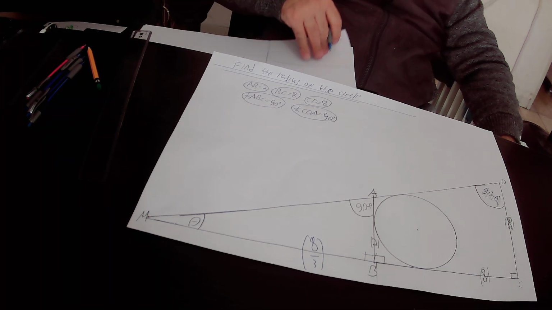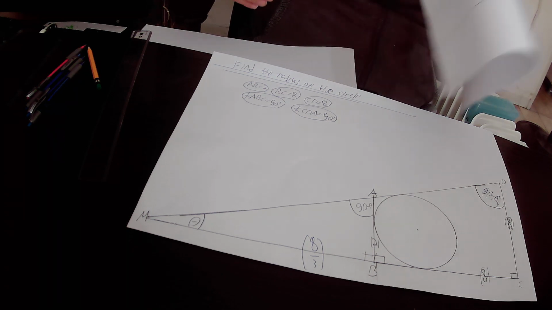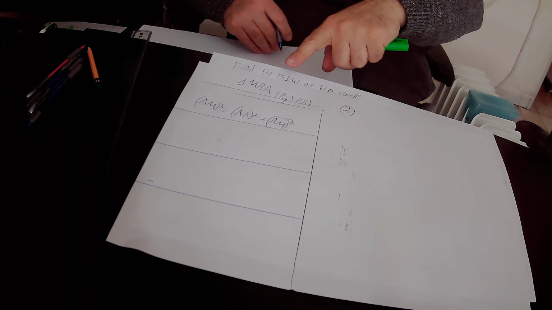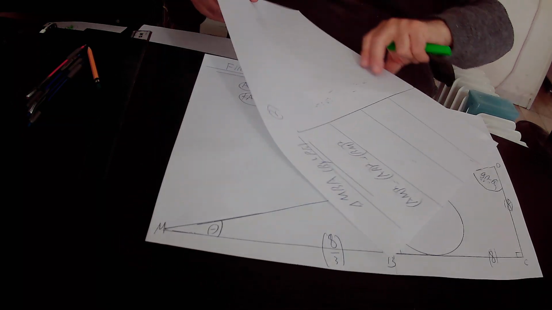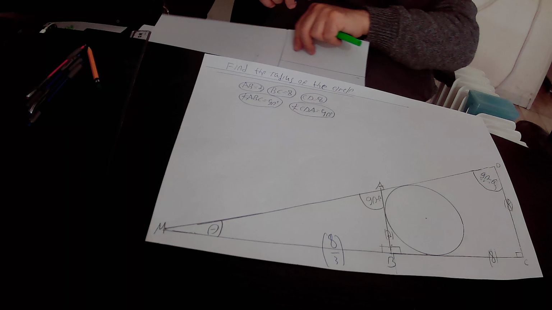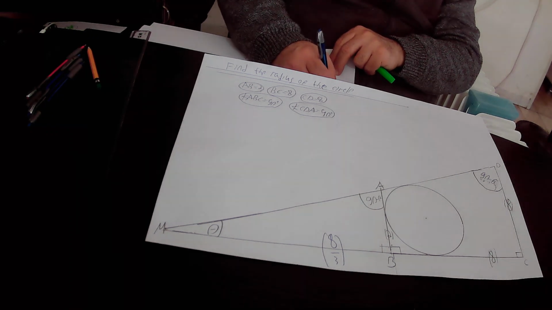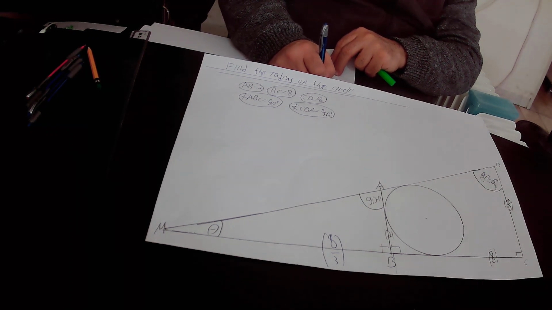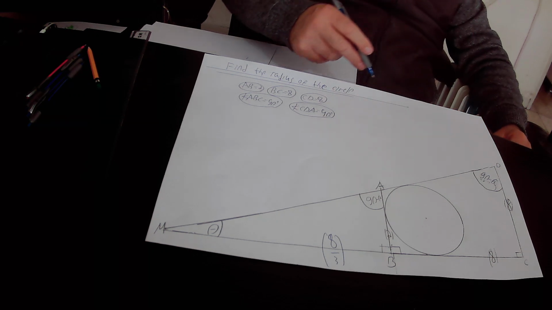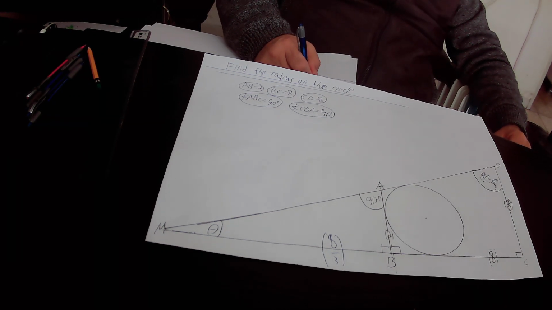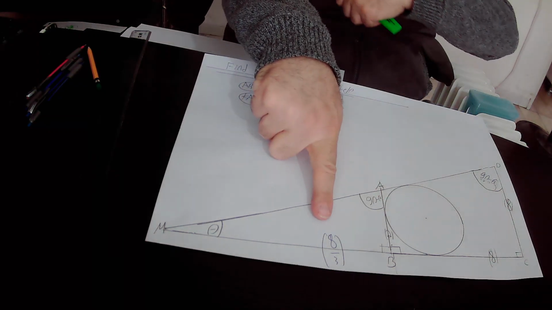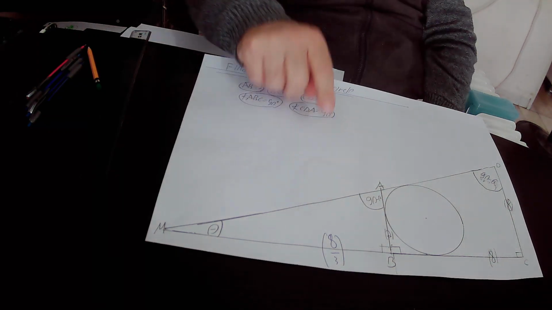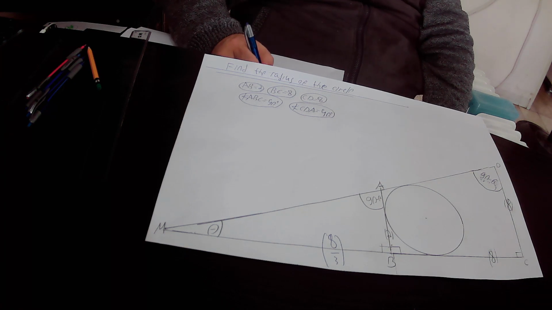So AM square equals AB square. AB is 2, therefore AB square is 2 square, that is 4, plus BM square. BM is 8 over 3, therefore BM square is 8 over 3 square, that is 64 over 9.